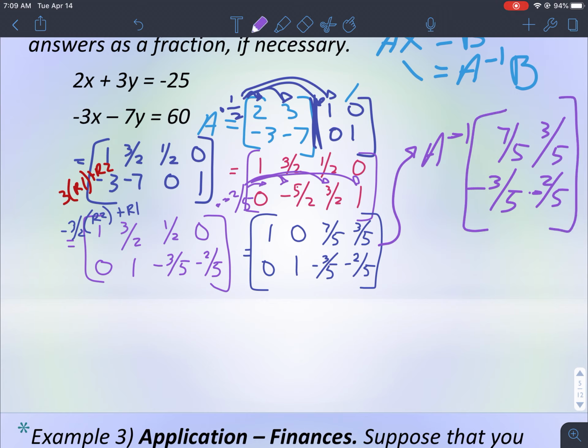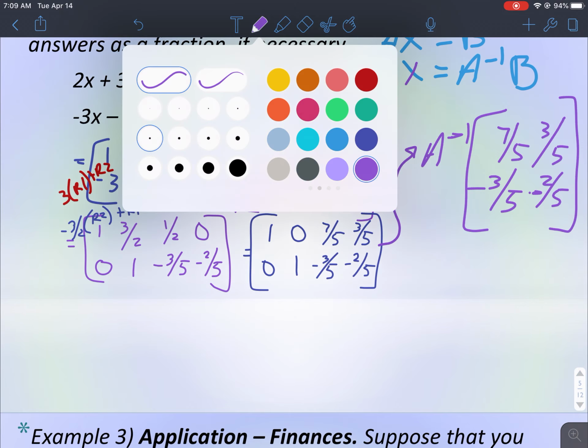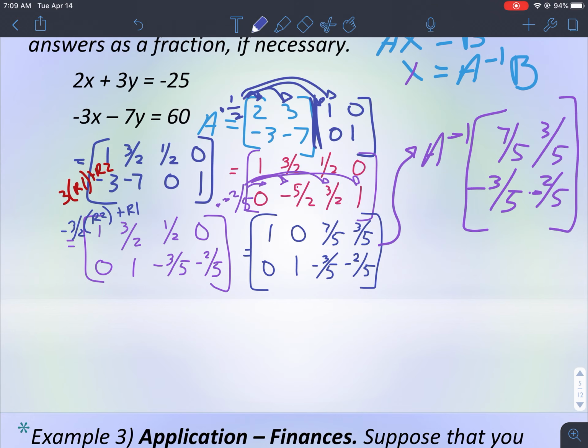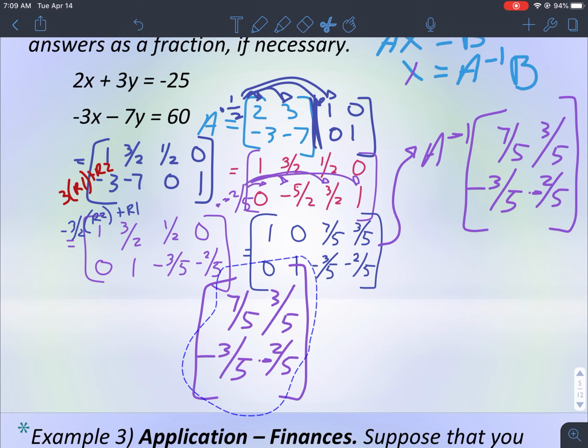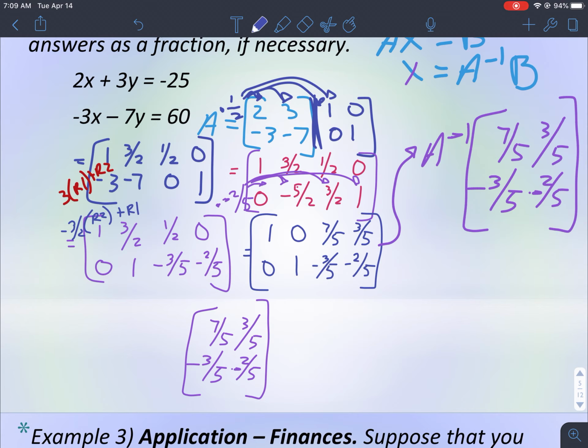This next part would be to multiply A inverse times the matrix of the constants, -25 and 60. Let's see what that looks like.